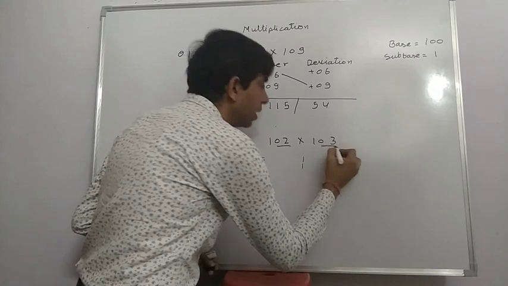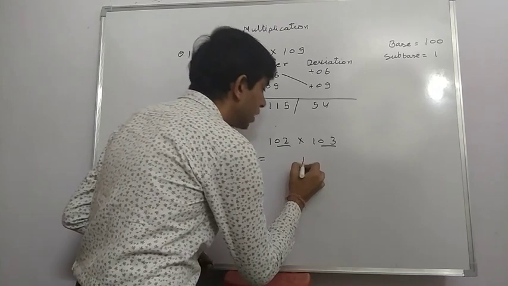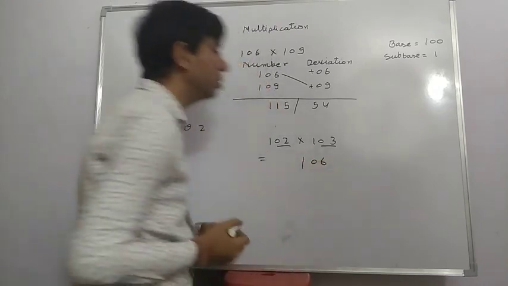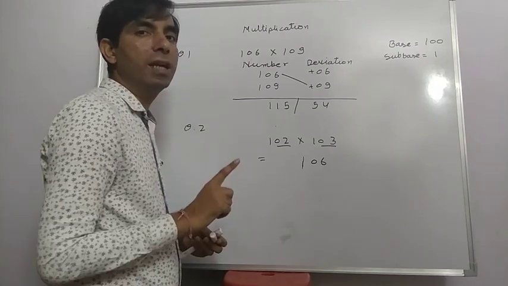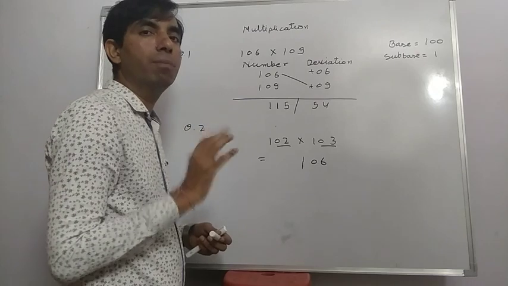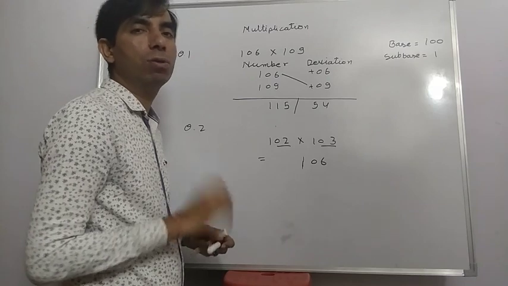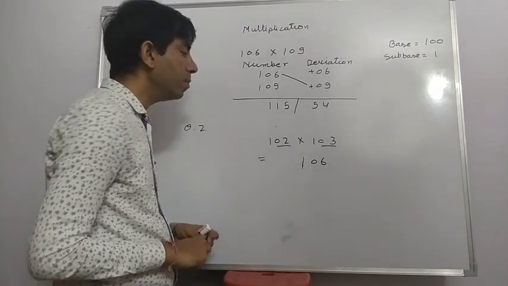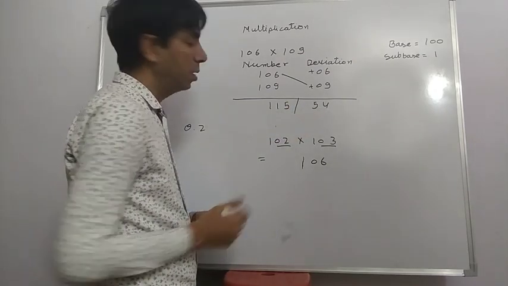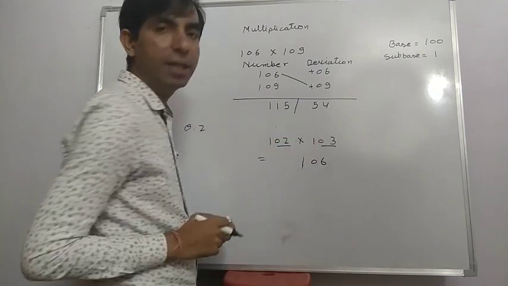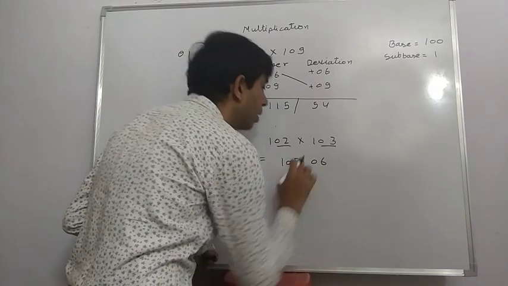So multiply the deviations by each other directly: 2 times 3 is 6, written as 06, because we are using 2-digit numbers. Here we do not write the 4: the total digits are 4, but each number has 2 digits, so we write the answer in only 2 digits in this method. And any one number is added to the other's deviation: 102 plus 3, because it is bigger, gives 105. So our answer is 10506.